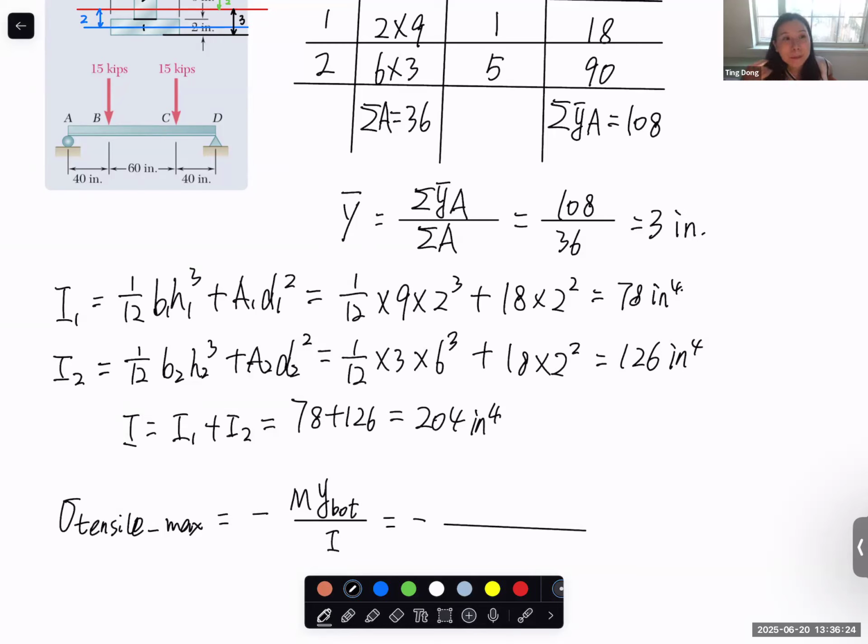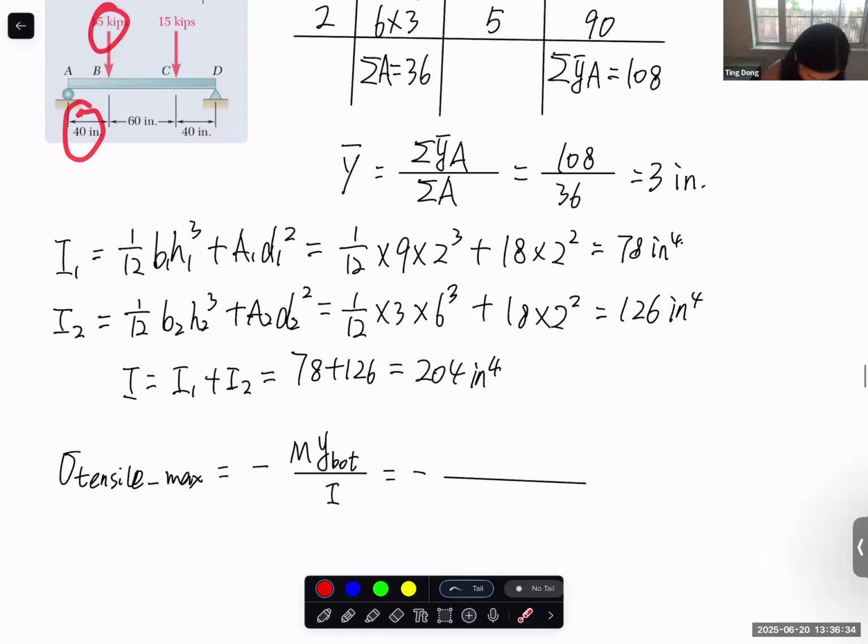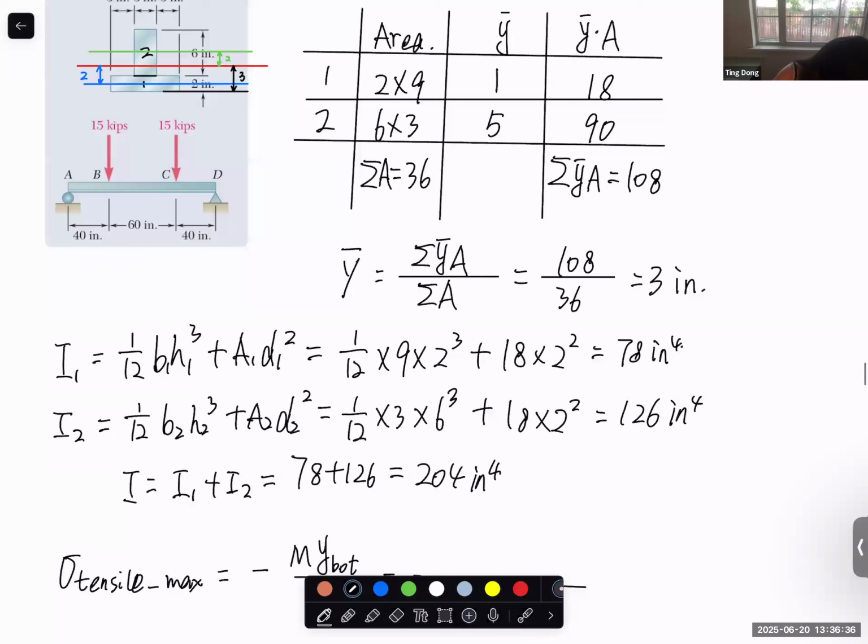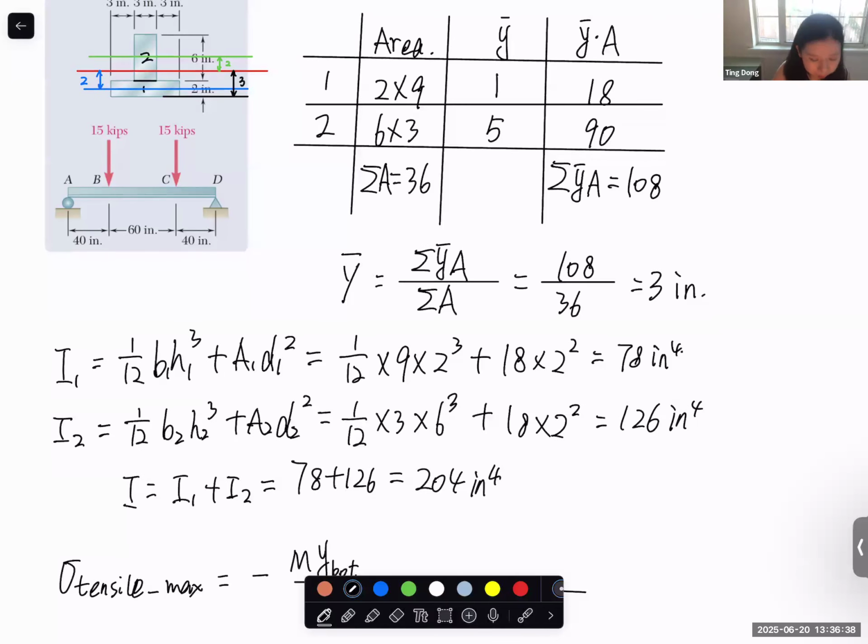So for the maximum bending moment, it should be 15 times 40. It's not 15 times 60. Let's talk about the bending moment diagram you learned in statics.